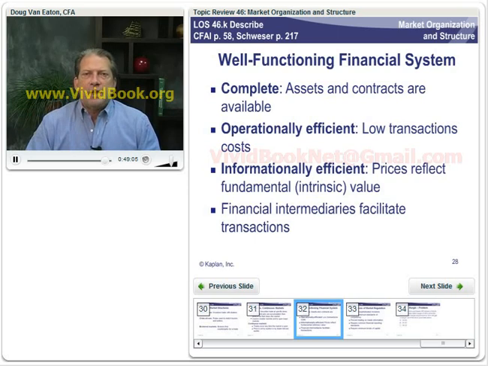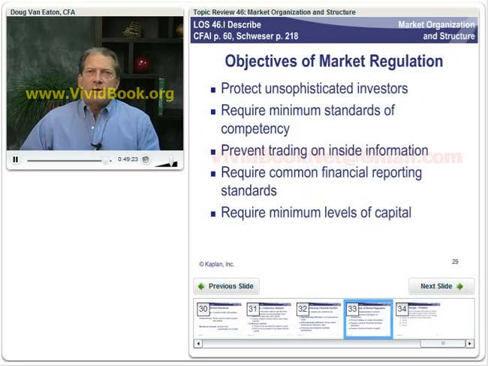Financial intermediaries facilitate transactions. So whether that's brokers or banks or savings and loans or insurance companies or swaps dealers, whatever it is, there are financial intermediaries out there to facilitate transactions.